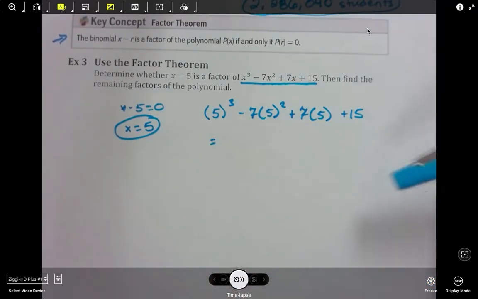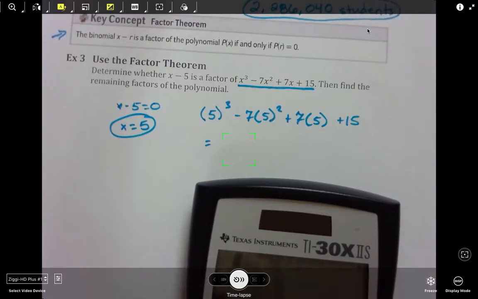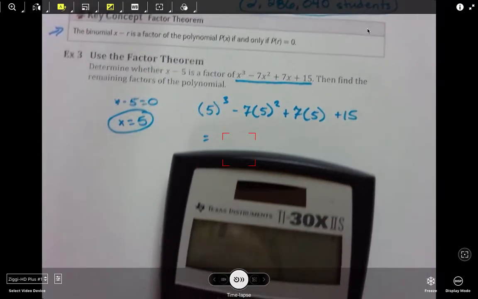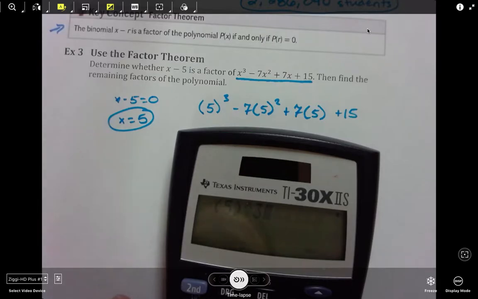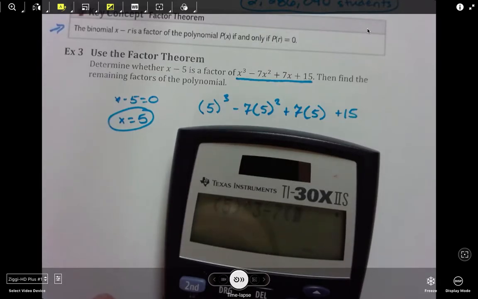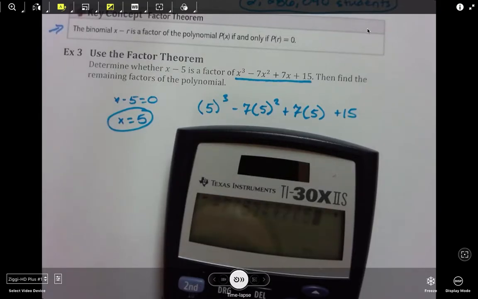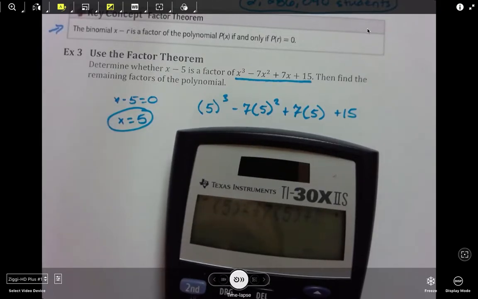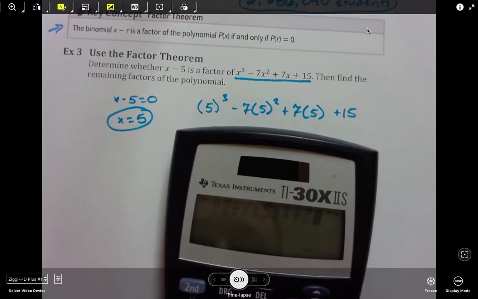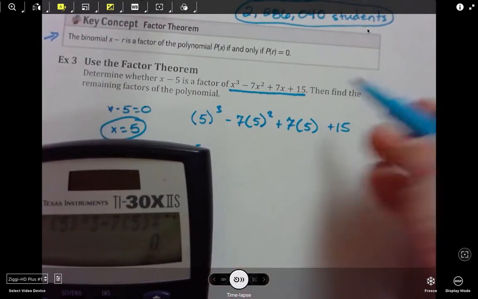I'm going to plug that into my calculator and see what we get. So 5 to the third power minus 7 times 5 squared plus 7 times 5 plus 15. Okay, and it's 0.